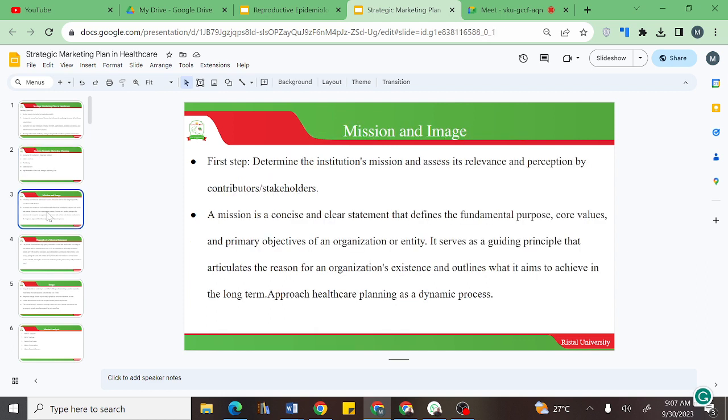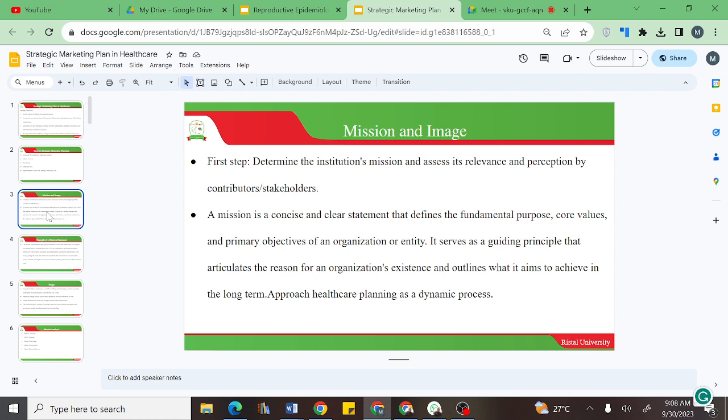So first of all, when we talk about the mission, we are basically talking about a clear and concise statement that defines the fundamental purpose, core values, and the primary objectives of an organization or an entity. A mission serves as a guiding principle that articulates the reason for an organization's existence and outlines what it aims to achieve in the long term.